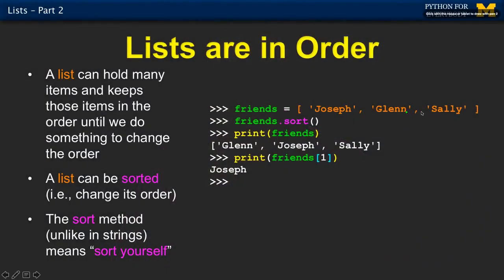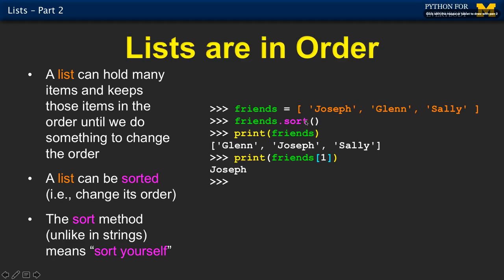Lists maintain order. The order that you put things in is the order that you get them out. So append, append, append, whatever you've appended, it comes out in exactly the same order. Lists maintain that. They're kind of dense and compacted, and you can only add to the end. Although you can say, push all those ones down and put something in the middle using insert if you like. But it also means then we can sort them. And so here we have 3 things, Joseph, Glenn, and Sally, and we say, hey, friends, sort yourself.